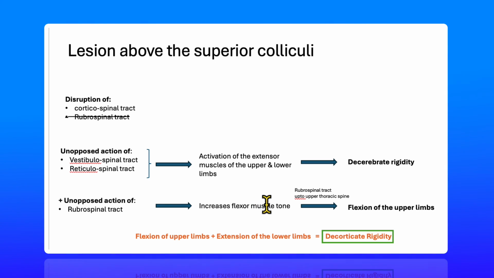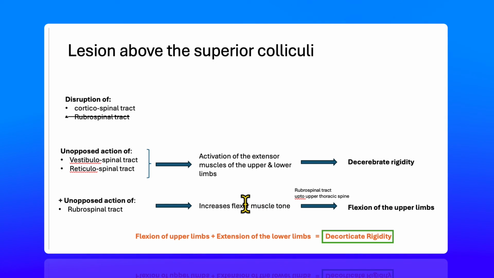So why is it that you only get flexion in the upper limbs and not lower limbs in decorticate rigidity? That is because the rubrospinal tract does not go all the way to the lower spine. It usually ends in the upper thoracic region.